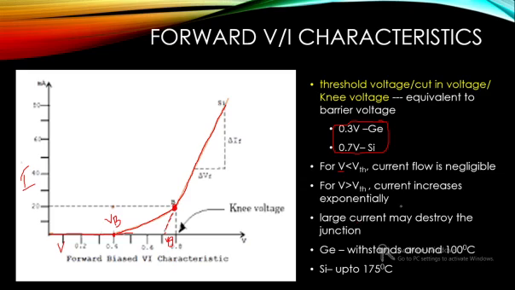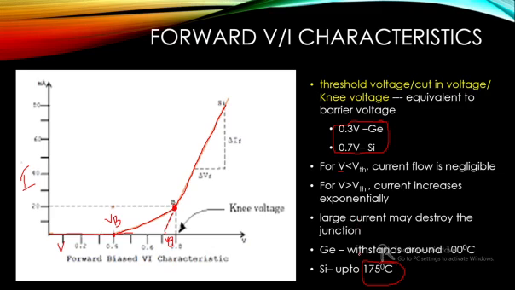But as you increase the voltage and a large current may flow, it may destroy the junction. For germanium, it can withstand up to around 100 degrees Celsius due to the large current flow, and silicon can withstand up to 175 degrees Celsius. This temperature corresponds to the heating up due to the large current flow.